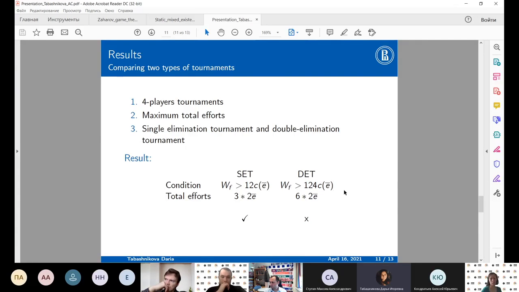And that is why we can say that for double mission tournaments, total effort is higher, but it is costly, and it is just a trade-off between these two conditions.